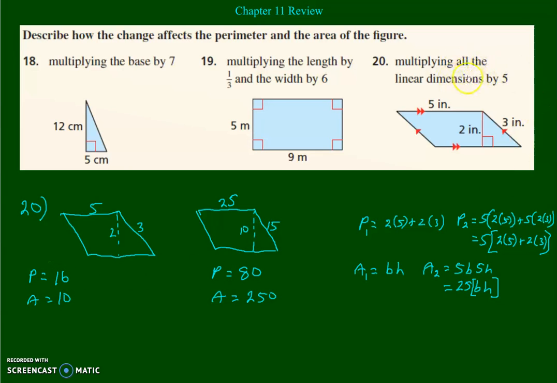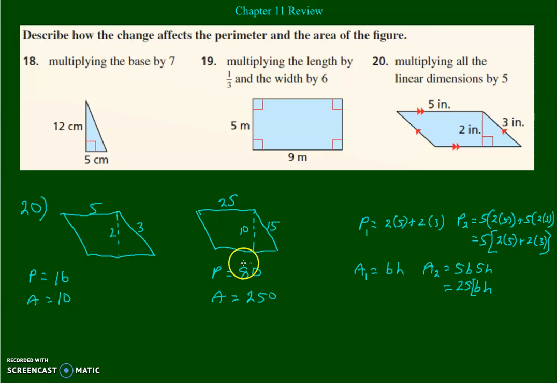Because we've multiplied all linear dimensions by 5, what we have for perimeter, 2 times 5 plus 2 times 3 is the original. And then the new one is 2 times 5 times 5 plus 2 times 3 times 5 again. And so that's 5 times the original perimeter. So 5 times the original perimeter gives us 80.